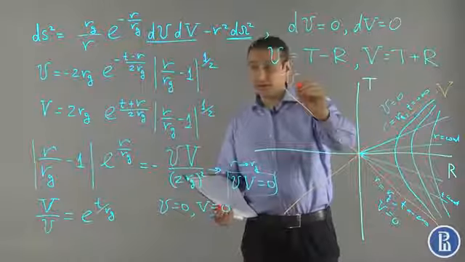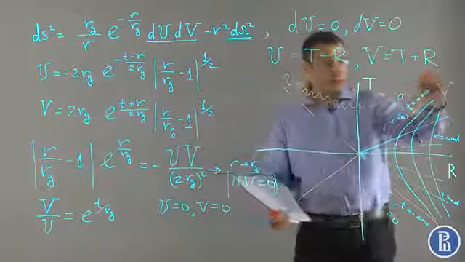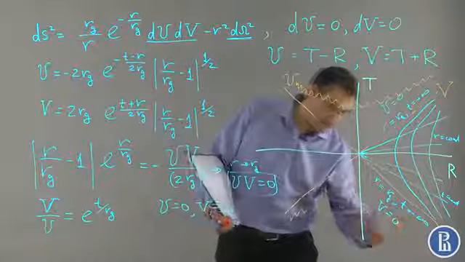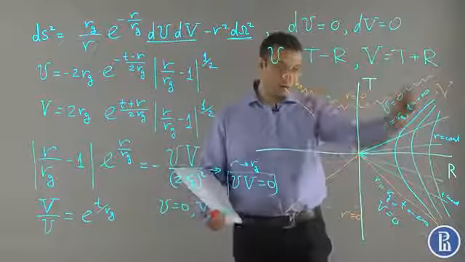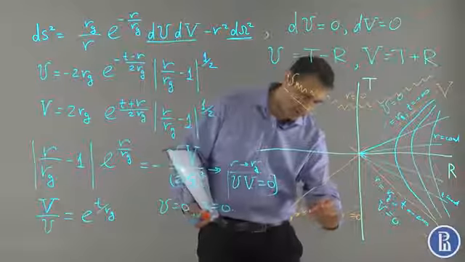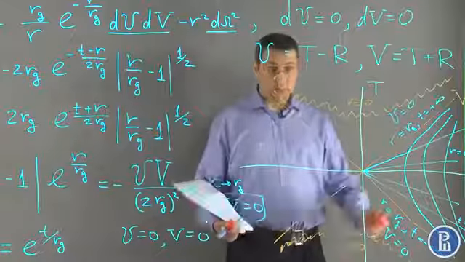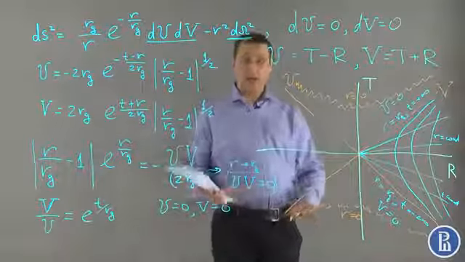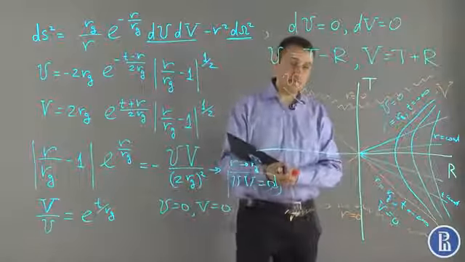But this metric is singular, as we discussed during this lecture, along the hyperbola which corresponds to r equals 0. This hyperbola has two images, here and here. So these are the Kruskal-Szekeres coordinates and their properties, and we are now ready to draw the Penrose-Carter diagram for this case.